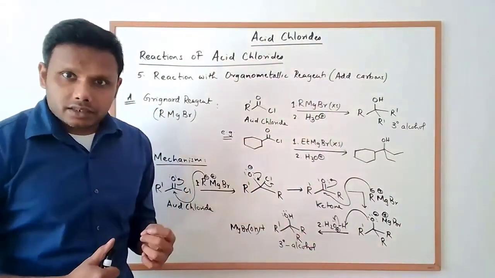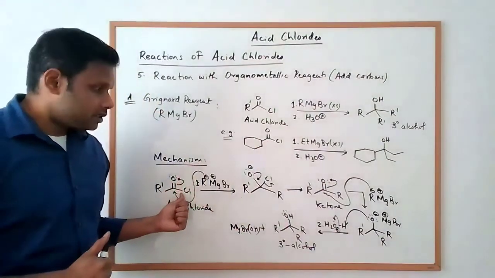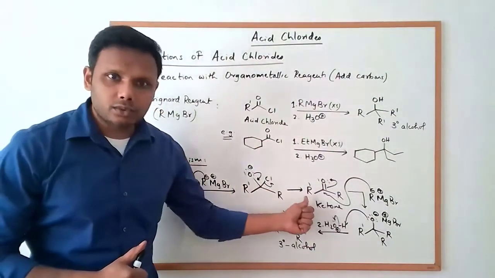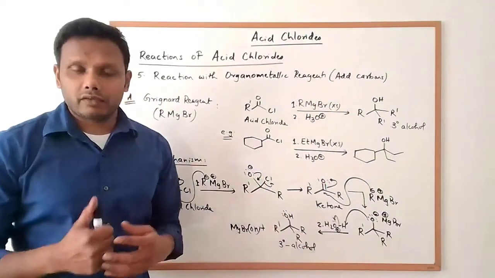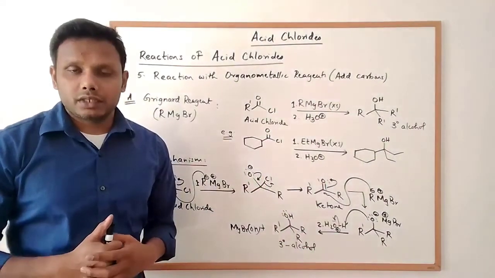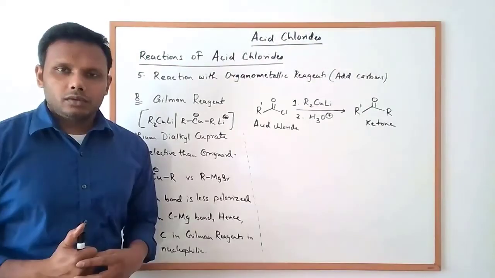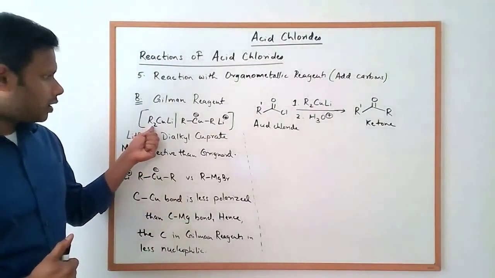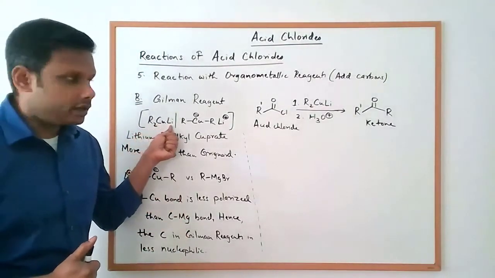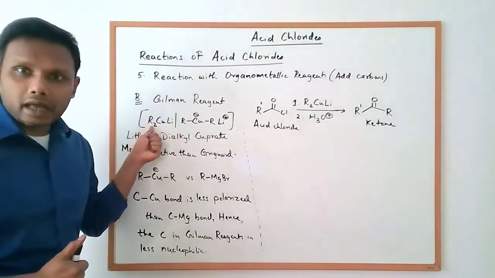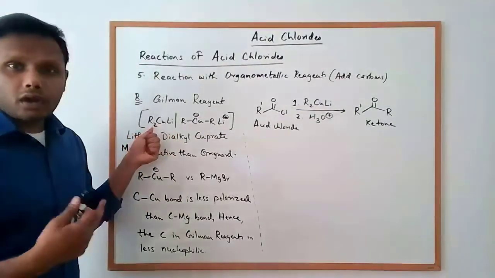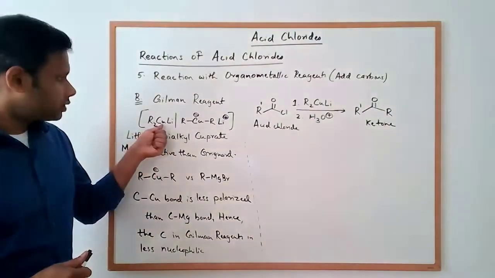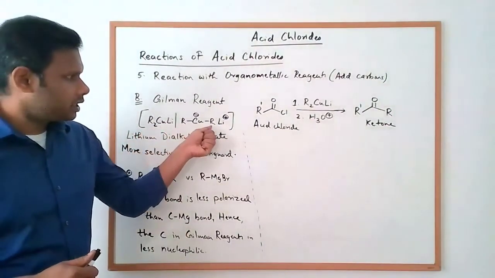Now, in a case where we want to go from an acid chloride to a ketone and stop there, we have a different reagent, which is the Gilman reagent. Gilman reagents are represented by the general formula R2CuLi. So there are two alkyl groups or carbon-containing groups that are connected to a copper. This is the connectivity.